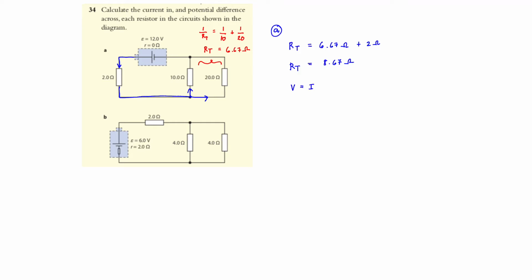V equals IR, and therefore the current is the voltage divided by the total resistance. So the current is 12 volts divided by 8.67 ohms, and therefore the value of the total current would be 1.38 amperes.